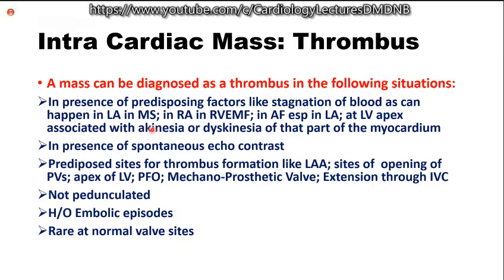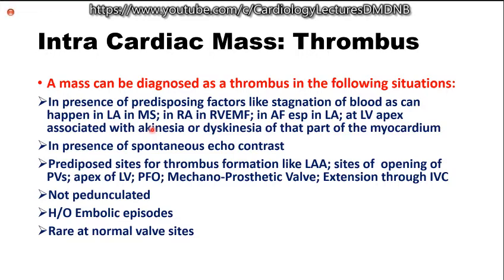One of the most important points is that for a thrombus to form, there should be a predisposing situation. In presence of predisposing factors like stagnation of blood, that's the most important point. If there is a stagnation of blood, there's always a risk of thrombus formation. Stagnation of blood can happen in the left atrium in mitral stenosis, right atrium in RV endomyocardial fibrosis, or in atrial fibrillation, there can be slowing of the circulation or stasis in both left atrium as well as right atrium.